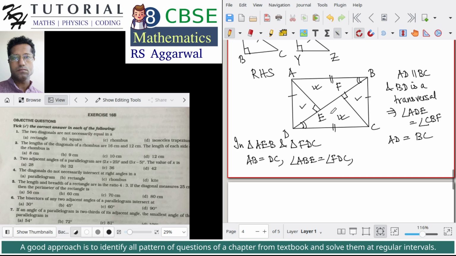Wait a second. This side is equal, AB is equal to DC.